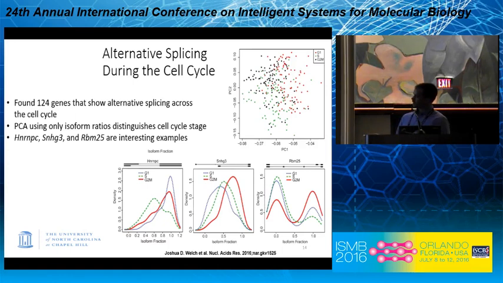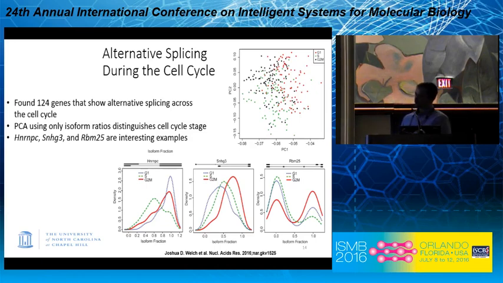We also found the SNHG3 gene, which is a relatively uncharacterized long non-coding RNA of unknown function, and it shows a steady decrease in the amount of this top splice variant as you move from G1 to S phase to G2M phase.